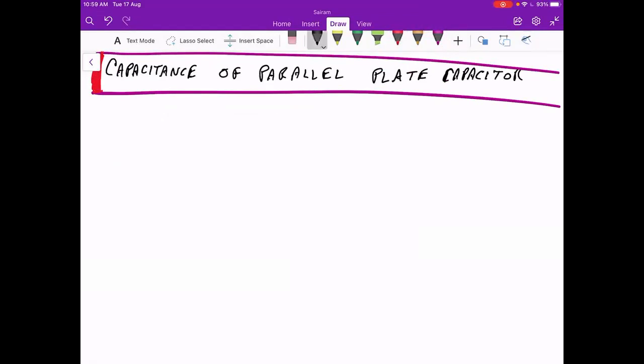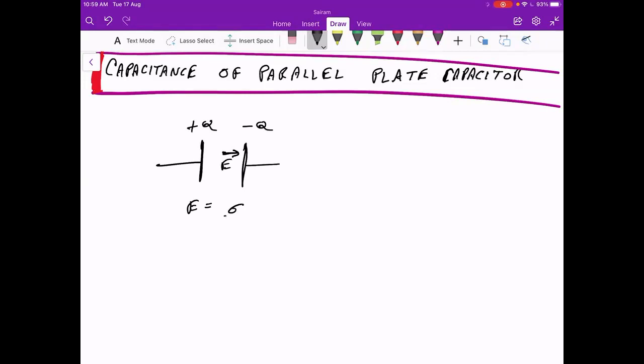First of all, we need to understand how the capacitor looks. We can draw something like this, horizontal or vertical. This one has plus Q, this one has minus Q. And the field inside is E from plus to minus.